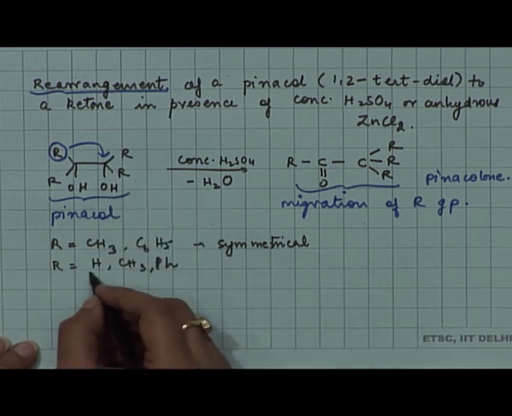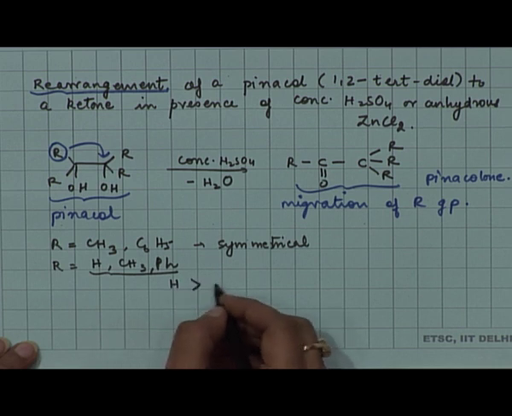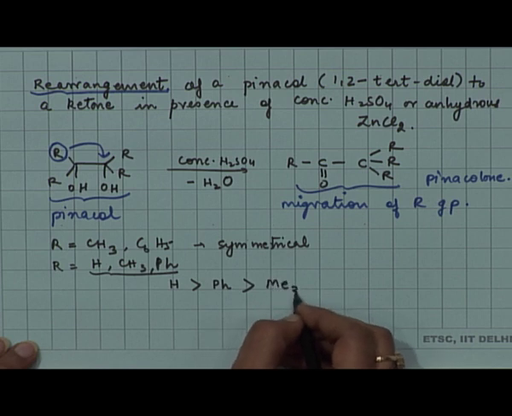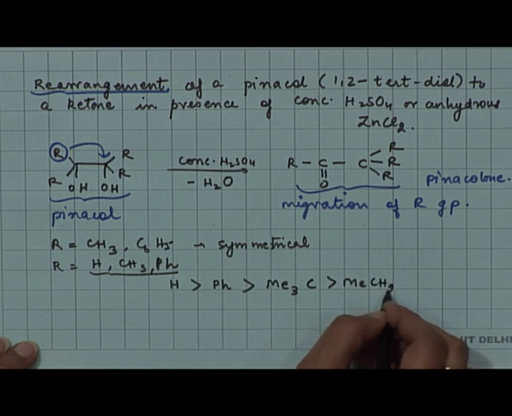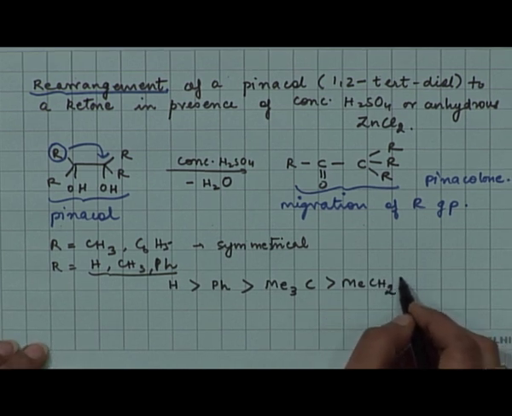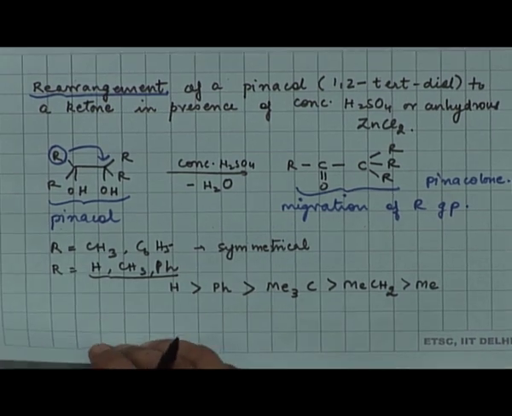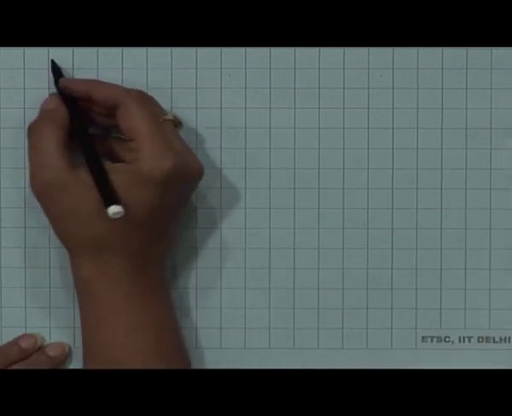The migratory aptitude between these different groups follows the order hydrogen, followed by the aryl, followed by alkyl, and in the alkyl again the more electron donating the alkyl, the better is the migratory aptitude. So, this is a very interesting reaction of diols in which there is a rearrangement to give a ketone.